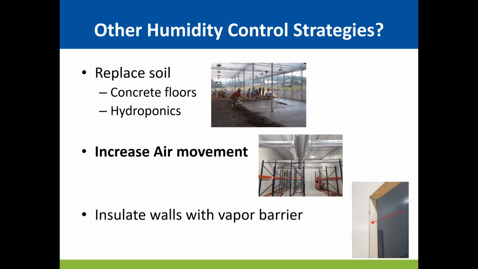You can also increase air movement. I'm going to come back to that. And if you're in an indoor farm, in a warehouse, insulate your walls with a vapor barrier to prevent moisture from coming in through the structure, but also to control what's leaving. I've had debates with other engineers.